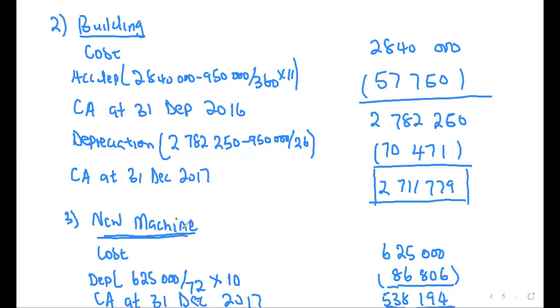So we can now do the calculation for the old machine. Our calculation number 4 is going to be the old machine. So you see, when you are doing your PPE, more work is on calculation. Once you are done with your calculations, it's going to be easy.